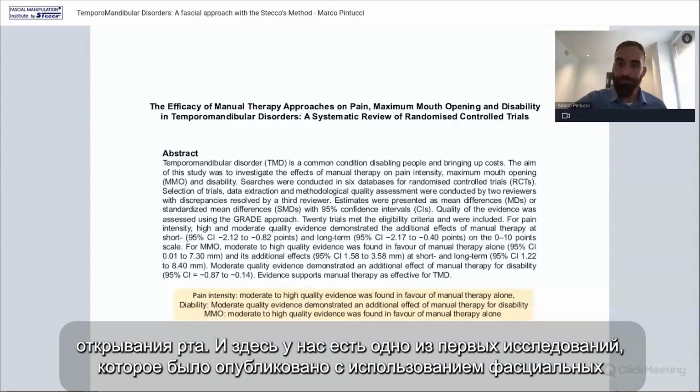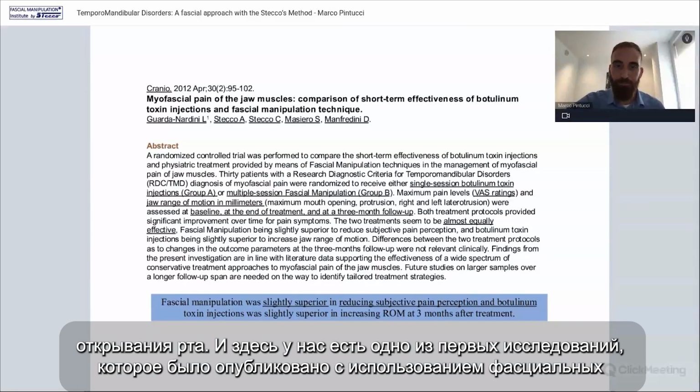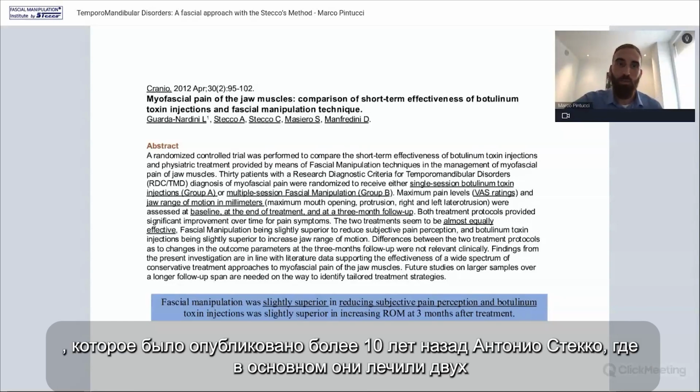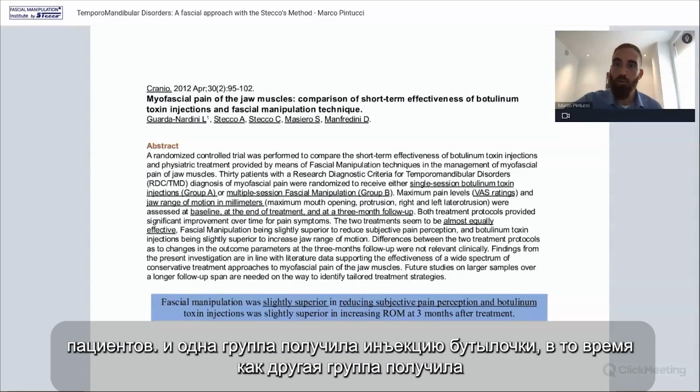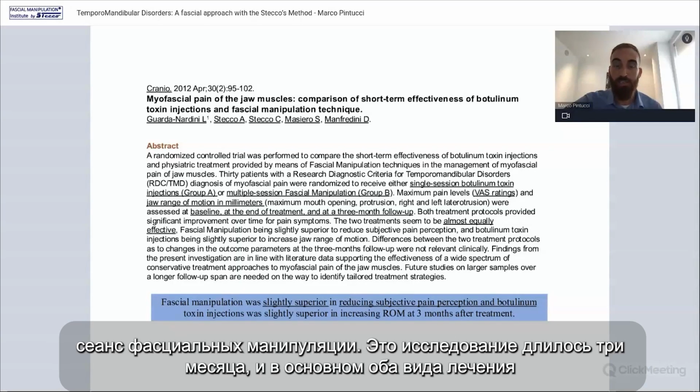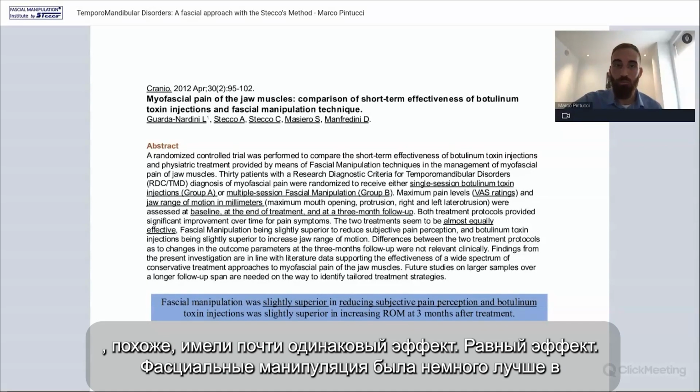And here we have the first study published using fascial manipulation, published more than 10 years ago by Antonio Stecco, where they treated the patients, and one group received botulinum injection, while the other group received a session of fascial manipulation. This study had a 3-month follow-up. The two treatments seemed to have almost the same effect.